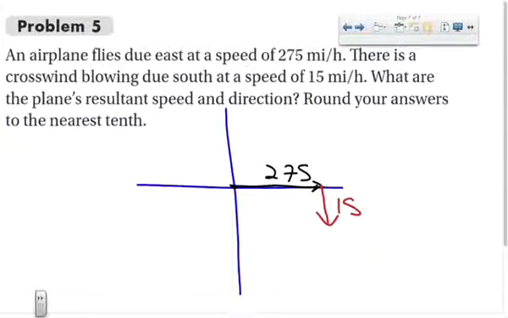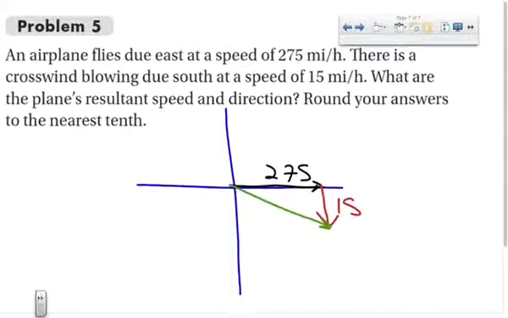My resultant vector is that green one that I've just drawn. So I'm finding its speed and direction. That's just magnitude and direction all over again. That's problem 3, just phrased a different way.